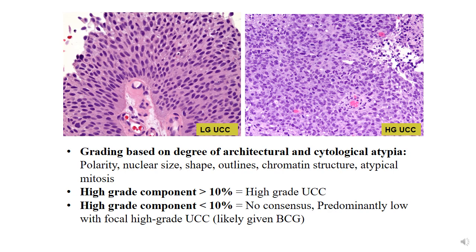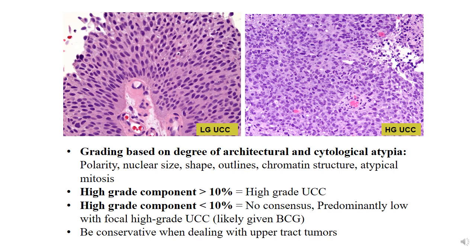In that setting I particularly use the diagnosis of predominantly low grade with focal high grade urothelial carcinoma. Now, most of the time urologists give BCG in this setting, but some studies have shown that when you have a very minor high grade component, typically less than 5%, many times these tumors still behave more like low grade tumors.